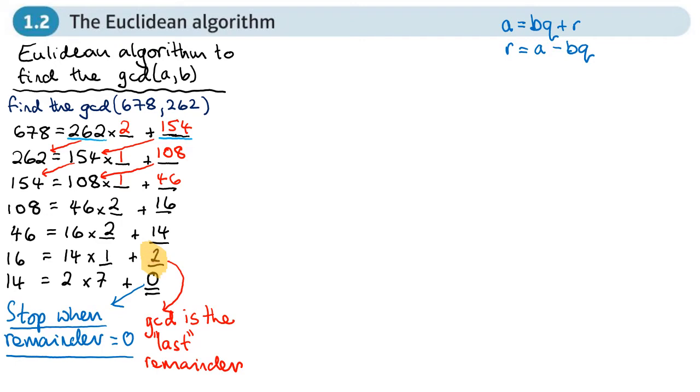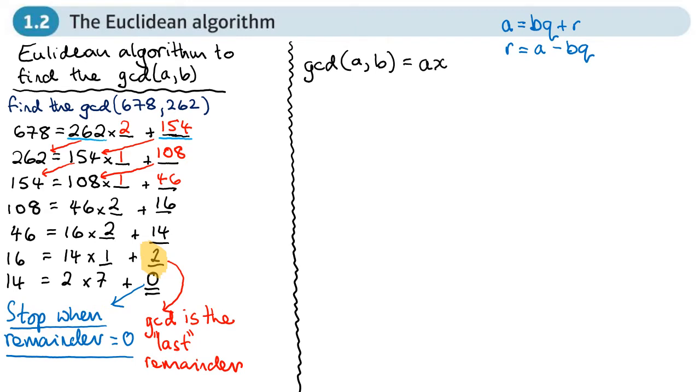Right, now we can apply this algorithm actually backwards to solve another problem. And this problem is this: can I write the greatest common divisor of a number equal to some multiple of the first number plus another multiple of the second number? And the answer is yes, you can.